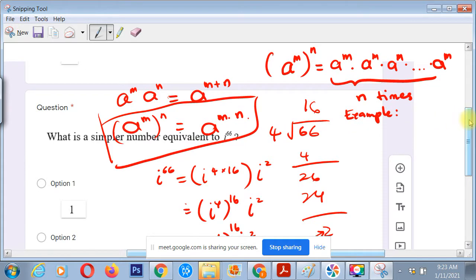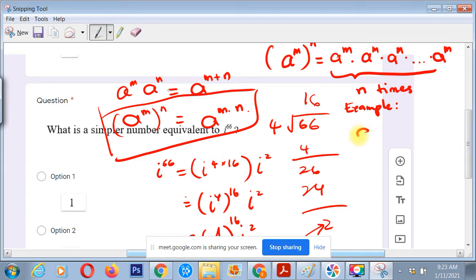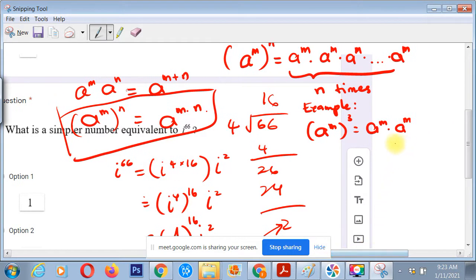Example, (a^m)^3. So 3 times: a^m, a^m, a^m. So we have a^m plus m plus m, so it equals a^(3m).